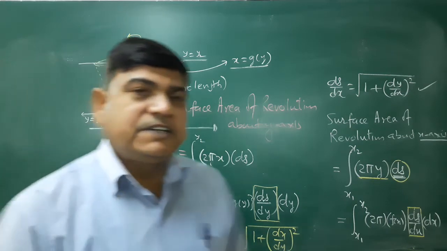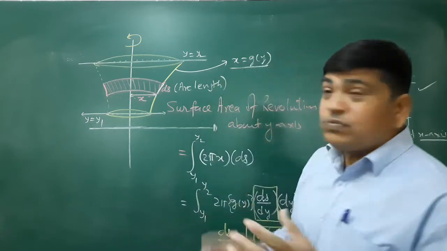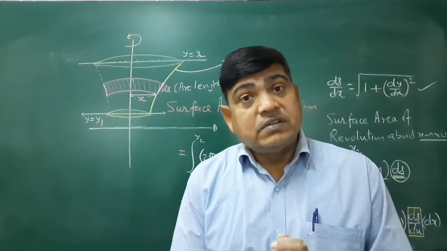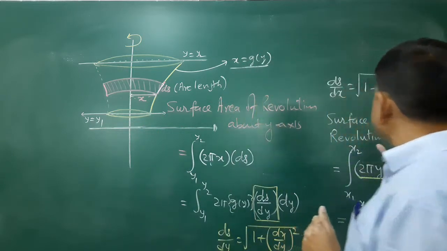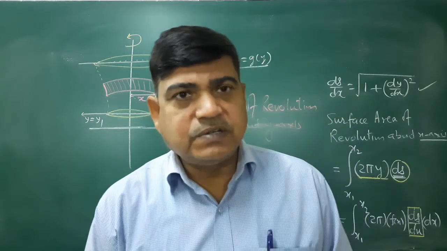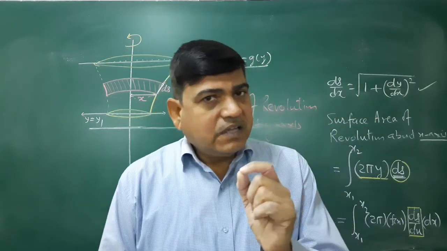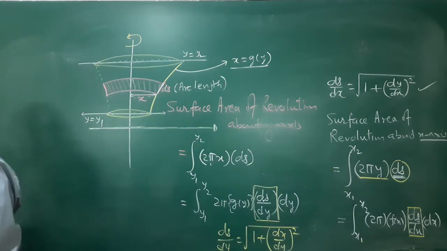So this is the concept to find the surface area of revolution of the portion of the curve about the x-axis as well as about the y-axis. If some particular question is given, let us do one example on this.